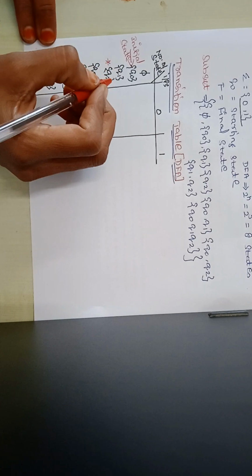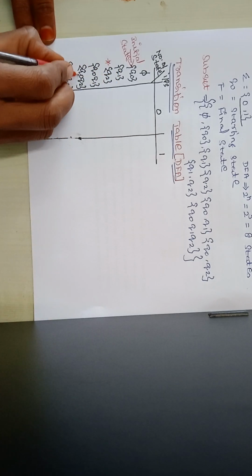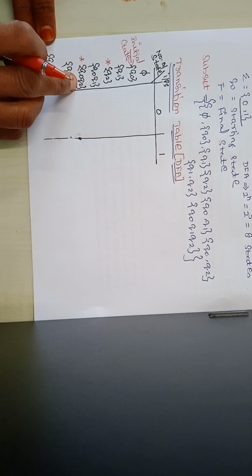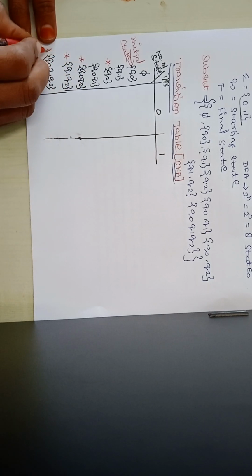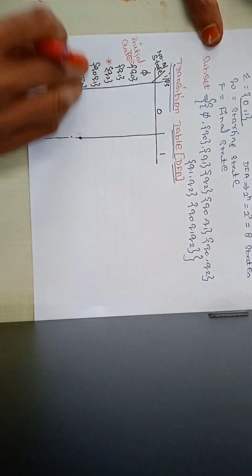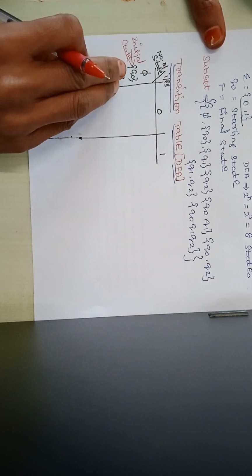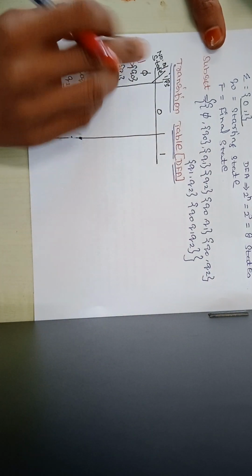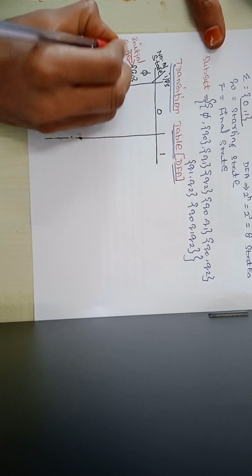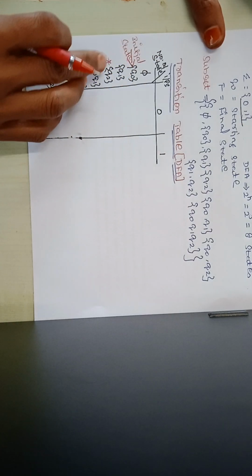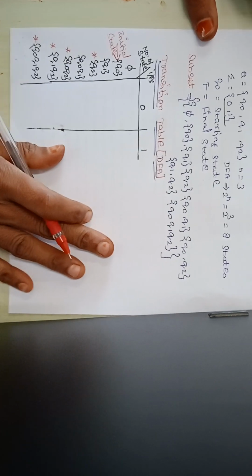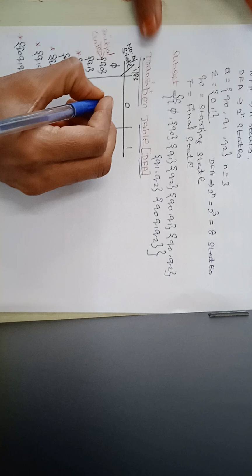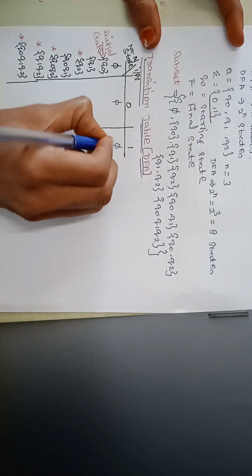So we mark star on Q0 Q2, and the other states containing Q2 are also final states. To identify them easily, we mark the starting state with an arrow symbol and the final states with a star symbol. And then pi means no transition will occur.